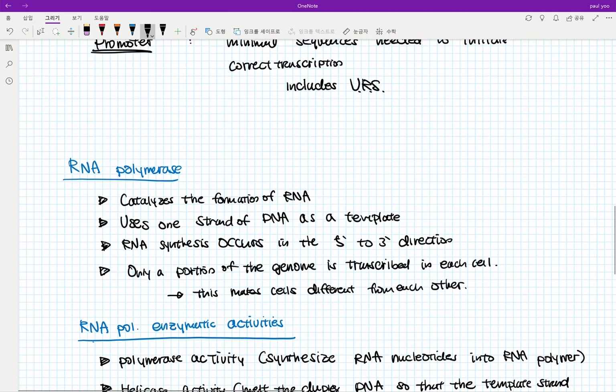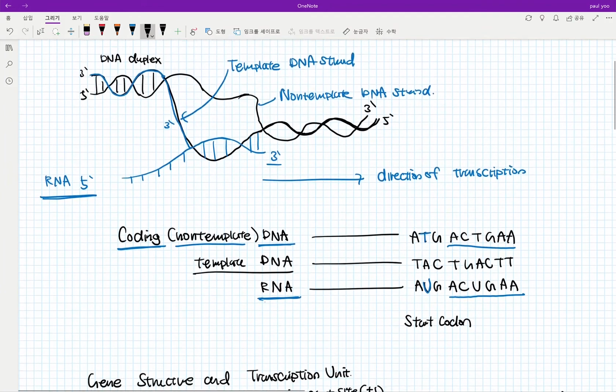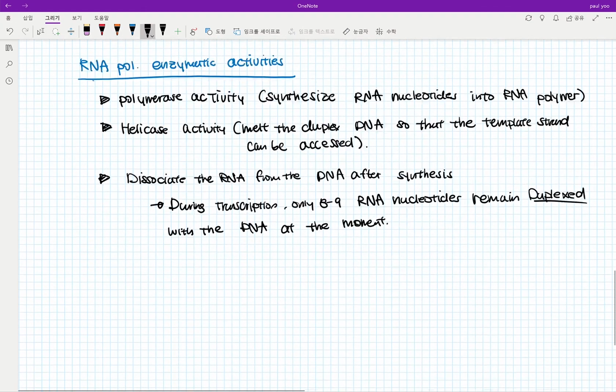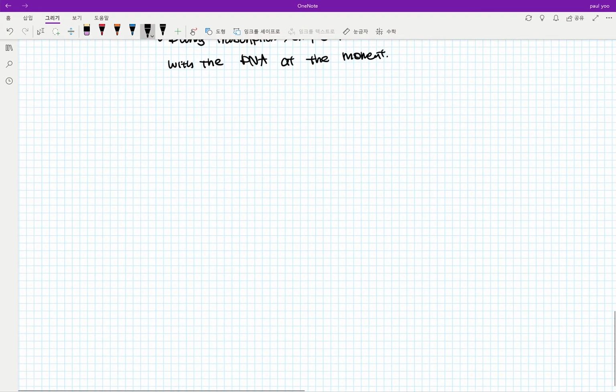So we see that when the new RNA is forming, there are only 8 to 9 duplexed RNA nucleotides that exist. Okay.